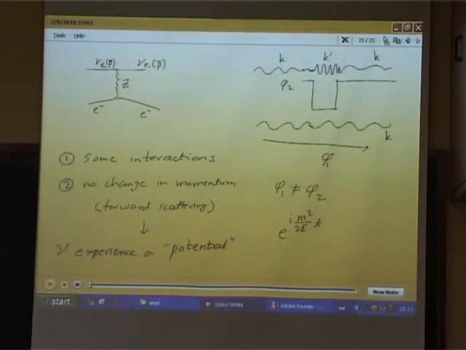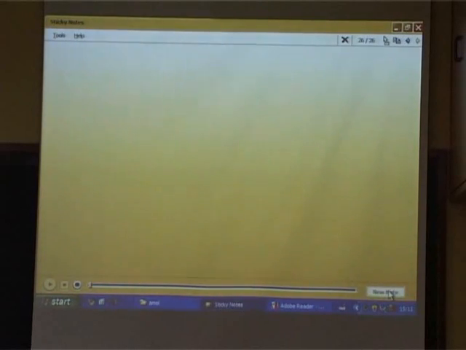So now let us see how neutrinos can experience potentials when they travel through matter. Let's try to write down all possible Feynman diagrams which can give rise to this. Let's first start with nu e. I already showed you one diagram.